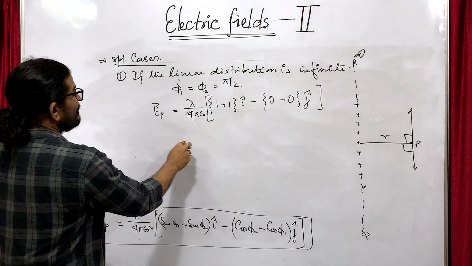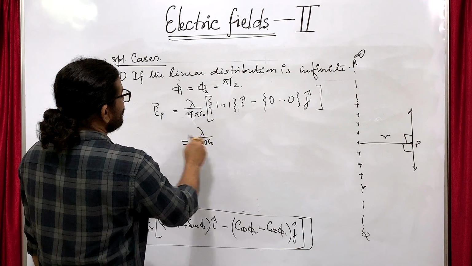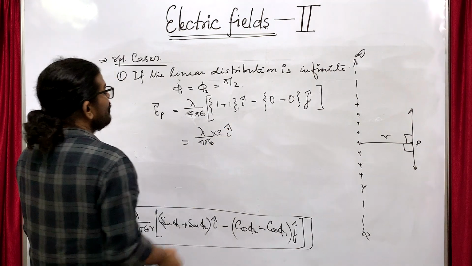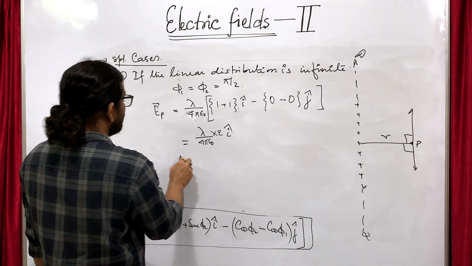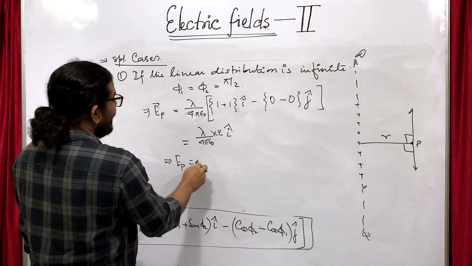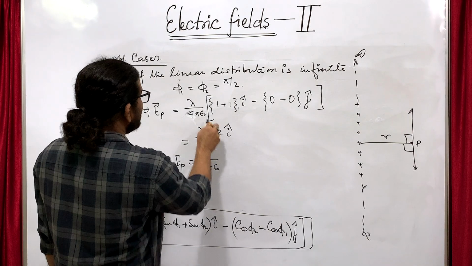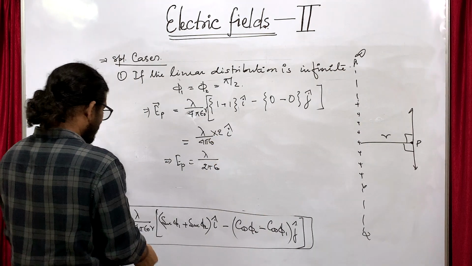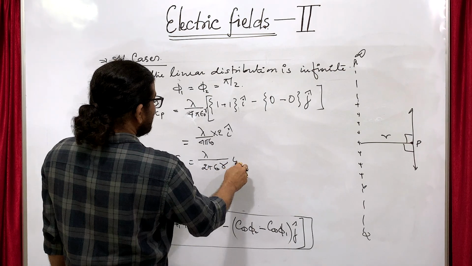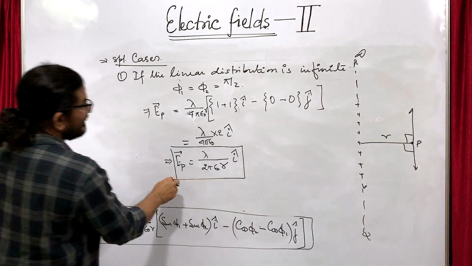Now see, this is lambda upon 4 pi epsilon naught into 2 I cap. So here EP is coming equal to lambda upon 2 pi epsilon naught into R, and this is I cap, under the given condition.